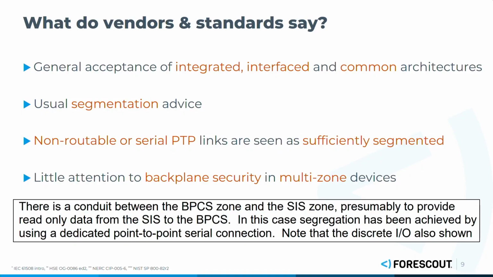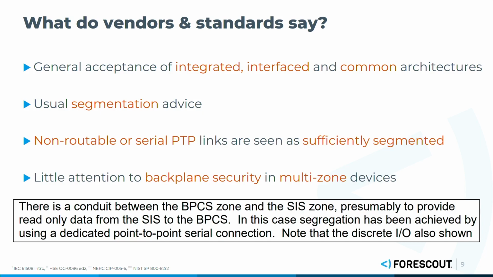So what do vendors and standards say about this kind of lateral movement and these kind of connections? It seems that over the past years, there has been a general acceptance of the integrated, interfaced, and common architecture for BPCS and SIS integration that comes with the typical segmentation advice.